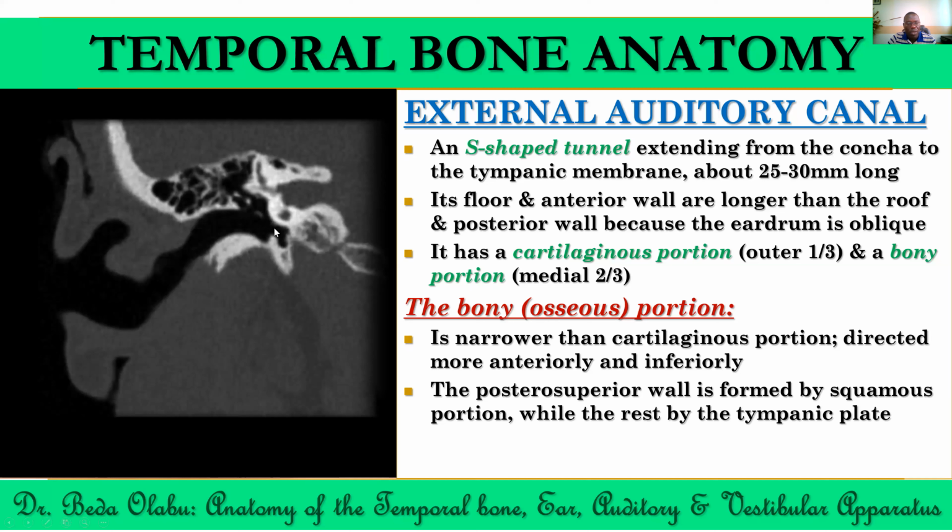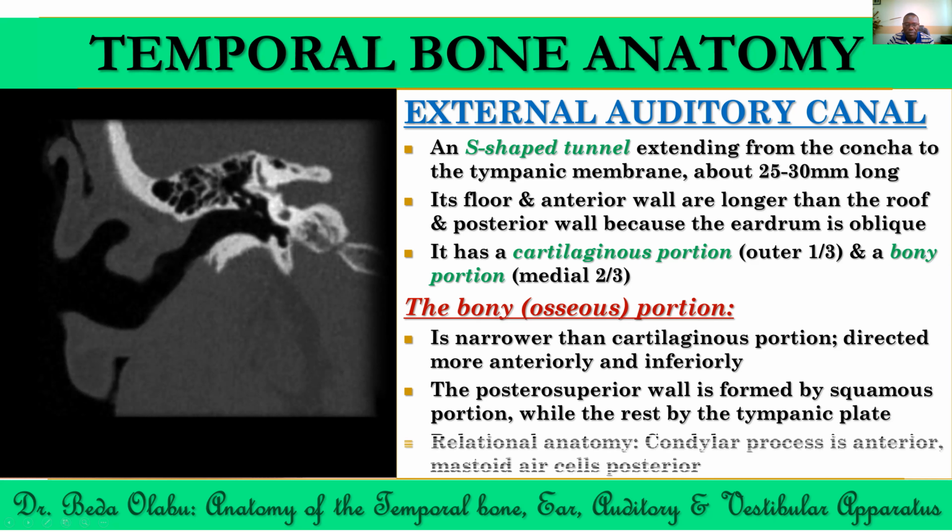The posterior superior wall of the bony part of the external auditory canal is formed by the squamous portion of the temporal bone. So just the posterior superior wall only. The rest, which means the inferior part of the posterior wall, then the floor, and the anterior wall, are formed by the tympanic plate, the tympanic portion of the temporal bone.